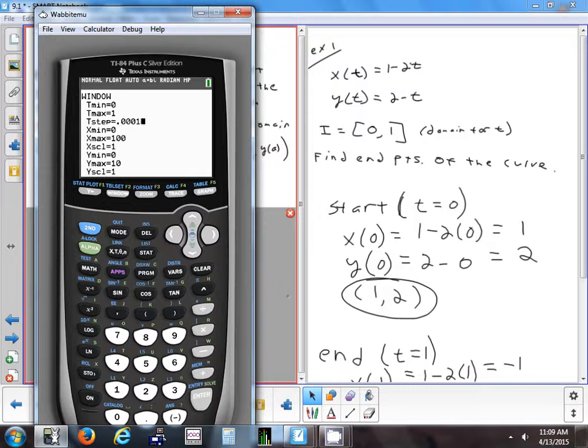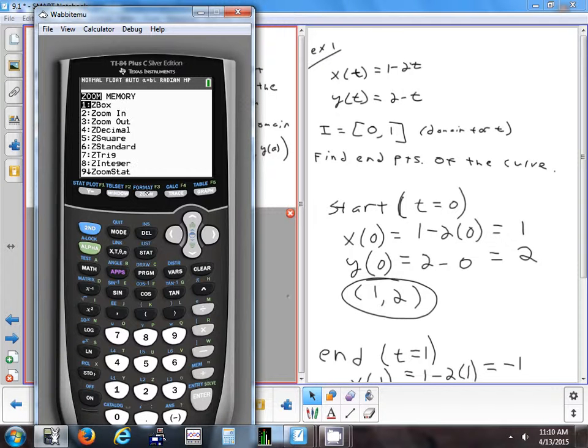If I hit graph on that, it's going to add 1/10,000th every time between 0 and 1. First of all, my screen can't even display that much detail, so there's no point in that. Generally, 0.1 is pretty good. If you graph 10 points and it connects them, it should look pretty good.